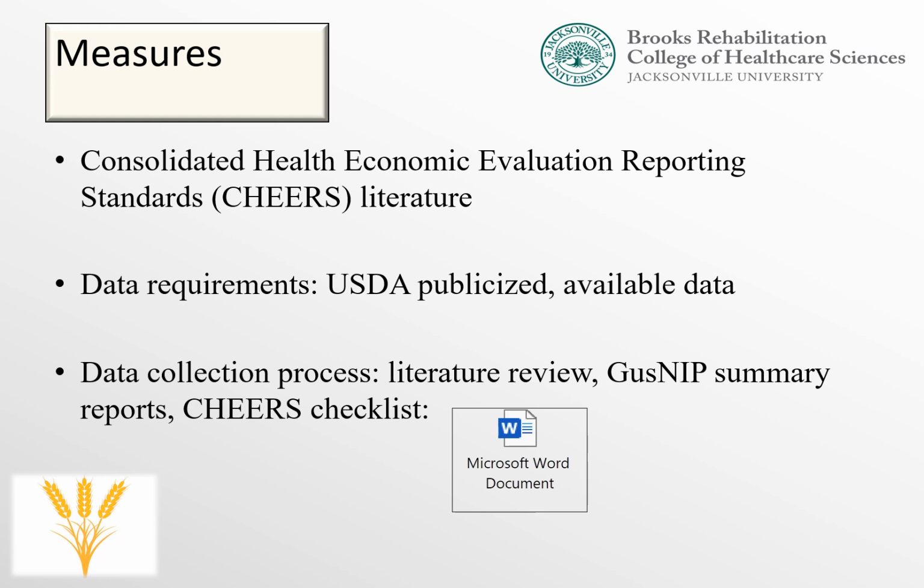The data collection process involved literature review, GusNIP summary reports, and a CHEERS checklist. That's embedded here on the slide, and the instructions for its availability is in the description box.